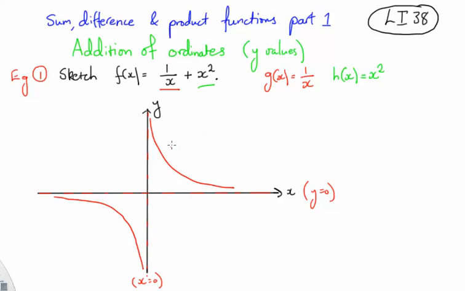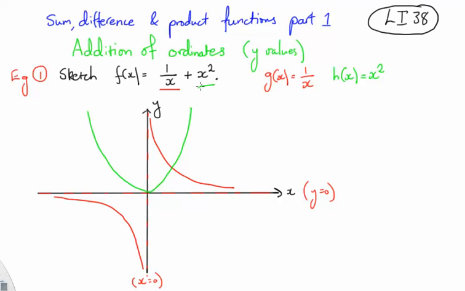So we've got our rectangular hyperbola, and we need to sketch our parabola as well. So that's x squared, which will look something like this. Alright, I'm going to accept that for our x squared. So there's h of x, there's g of x, but remember we want f of x.